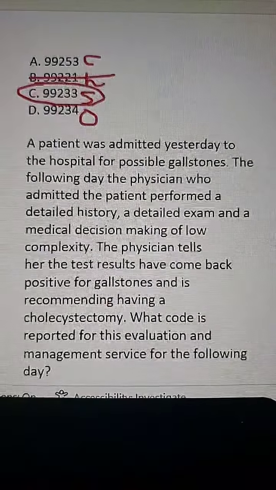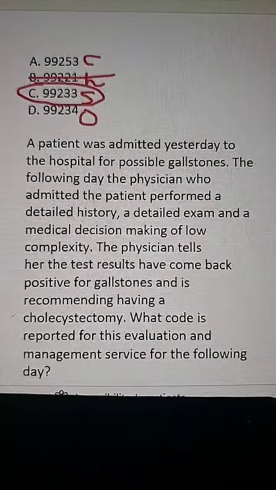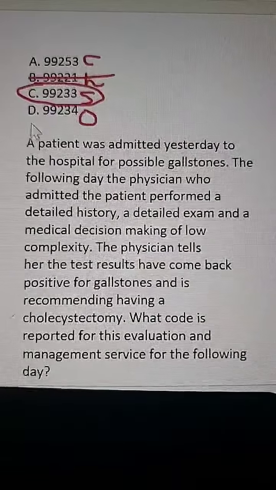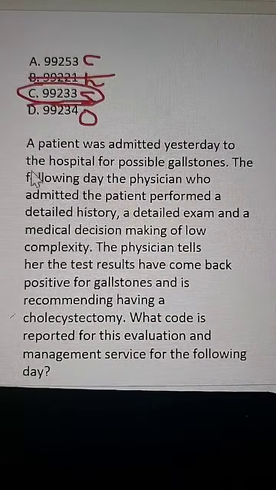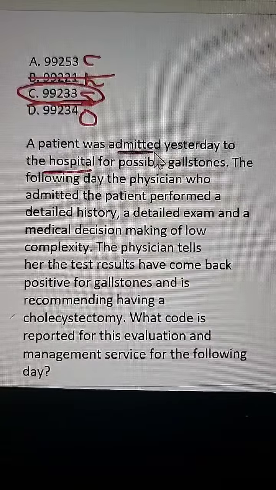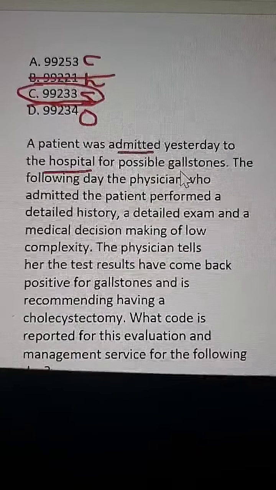But if you're going around and seeing the patient the day after, it's most definitely, yes, your subsequent hospitalization. Perfect. They're not in observation. They were admitted to the hospital. They will say observation if they were.